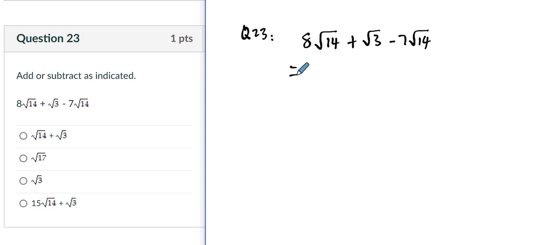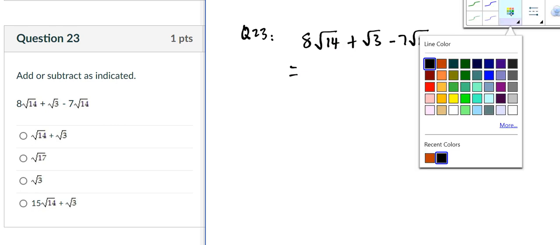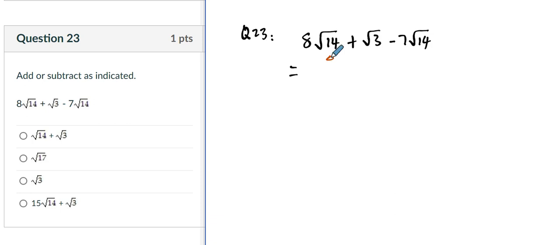By the distributive property, the radical 14 terms are the same, so we may pull radical 14 out, and then 8 minus 7. We then add radical 3.